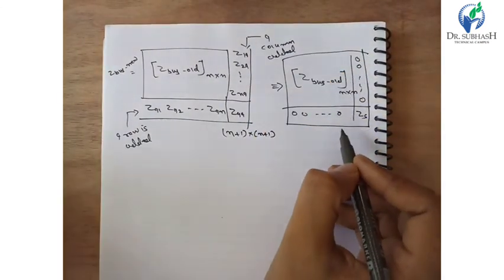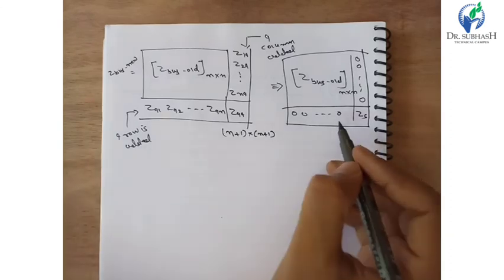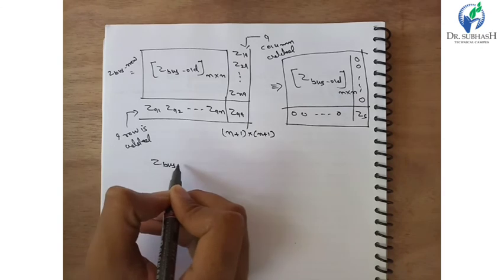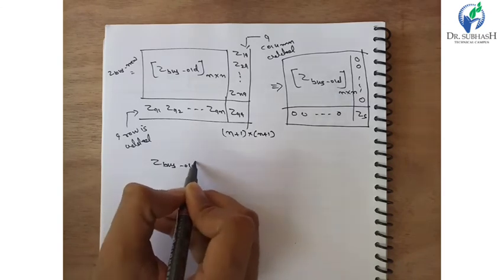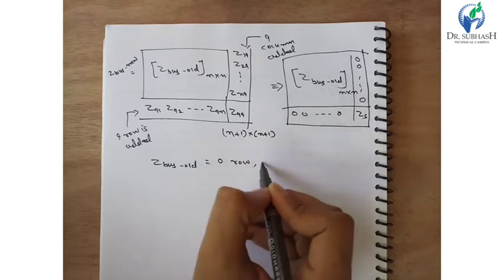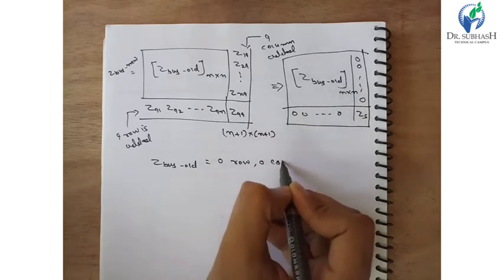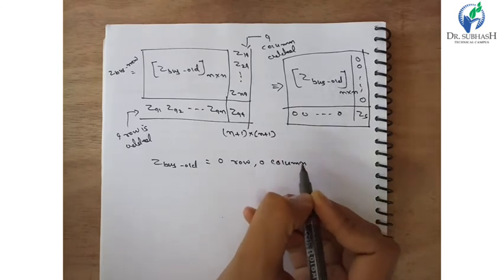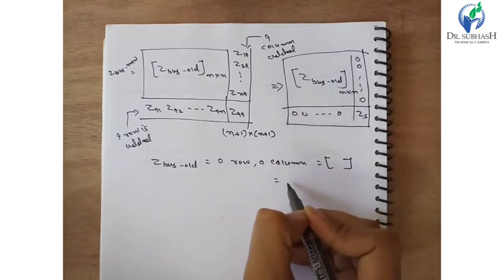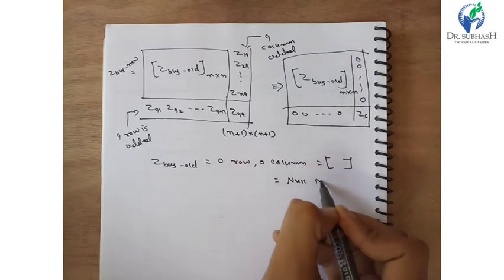This is the Z bus old. Here we write the form of Z bus old with 0 rows and 0 columns, which is equal to a null matrix.